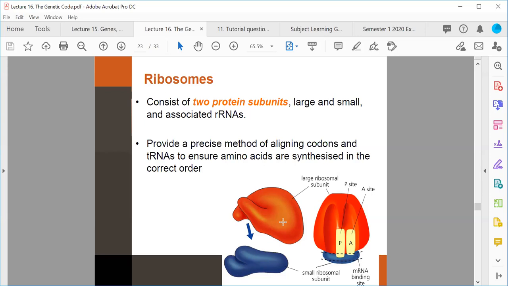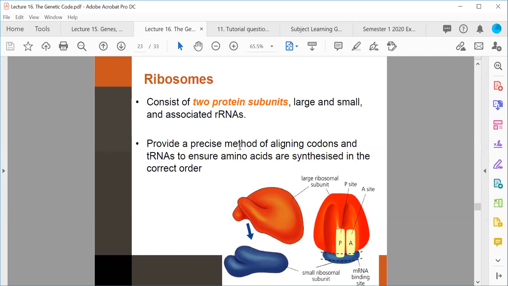So remember, both of these are actually made up of several different types of proteins and at least 2 different types of ribosomal RNA molecules, which of course are encoded for by many ribosomal RNA genes that are found on the chromosomes.